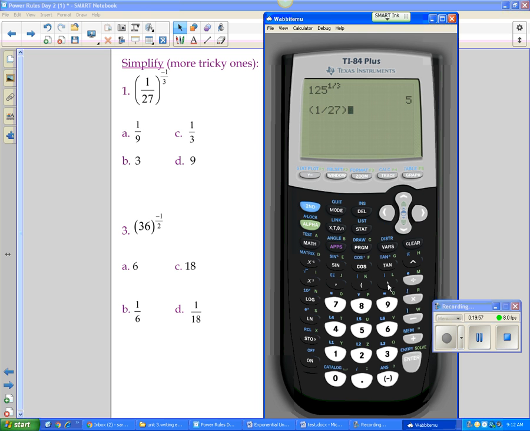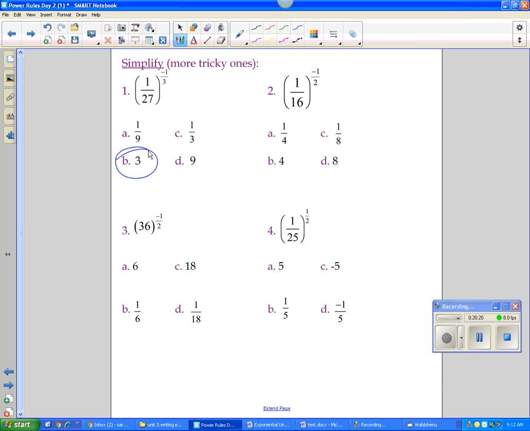Then you're going to use your caret key over to the side. And what am I going to type in up there? Yep, negative 1 divided by 3. Okay, and what does the calculator give you? 3. Okay, that one you can type it all in the calculator. Are there any X's or Y's? No, so you can just type it in. So that one gives you 3.